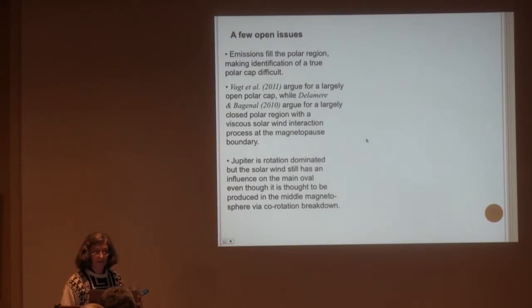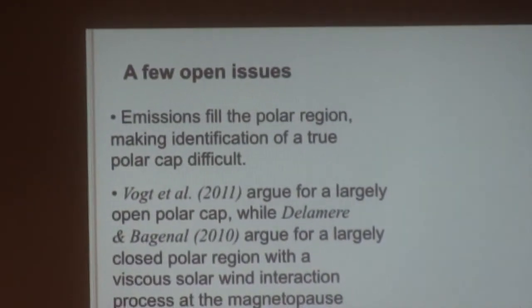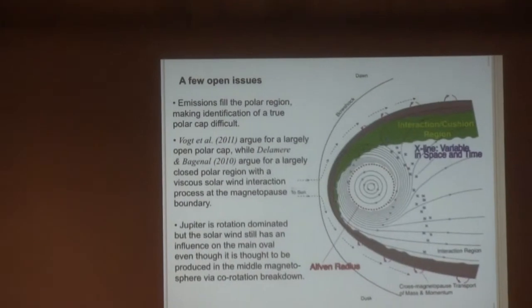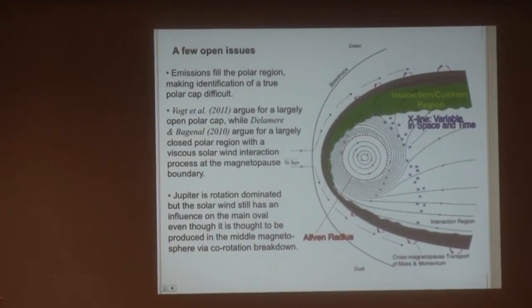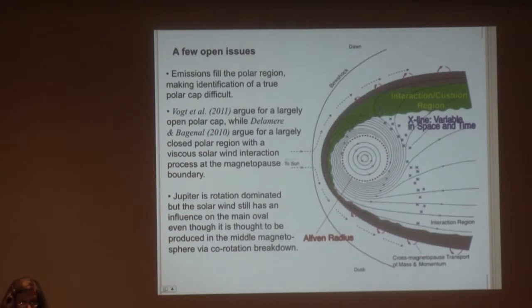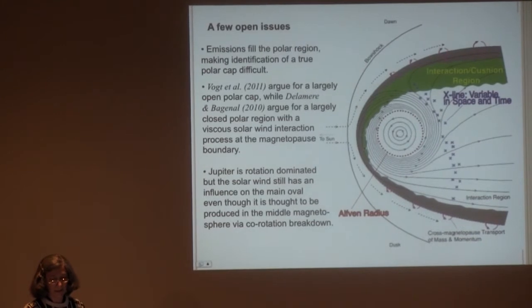And so I think people have done a fantastic job of really trying to identify the magnetospheric mapping, but still, one group argues for a relatively large open polar cap, while another argues for a relatively small polar cap region with a viscous solar wind interaction that Fran described in some detail. And so that's actually one of the fun, outstanding problems that there's a lot of discussion about.